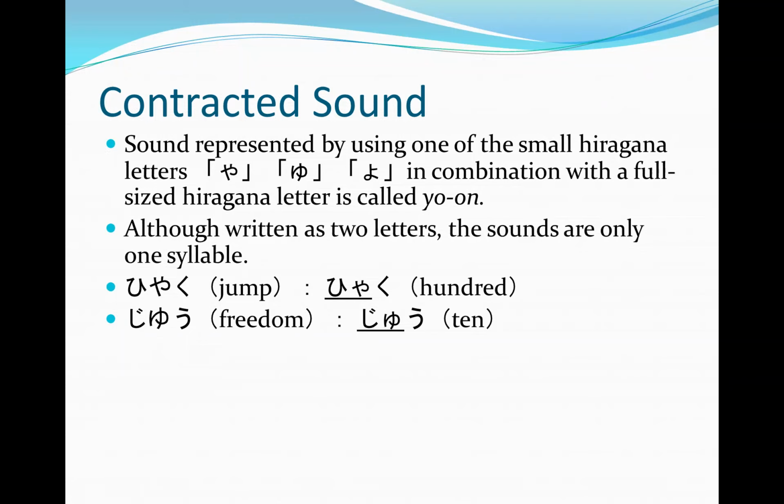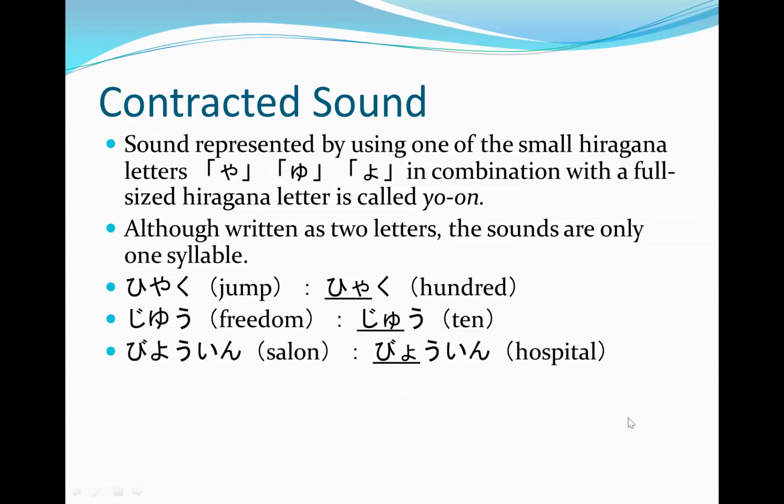Next, now this one you have to remember because this is often misunderstood or mistranslated when you pronounce it differently. In Japanese, salon is biyouin, while hospital is byouin. Again, byouin. I want to put emphasis on this word, so I'll say it slowly. Salon, biyouin. Biyouin.